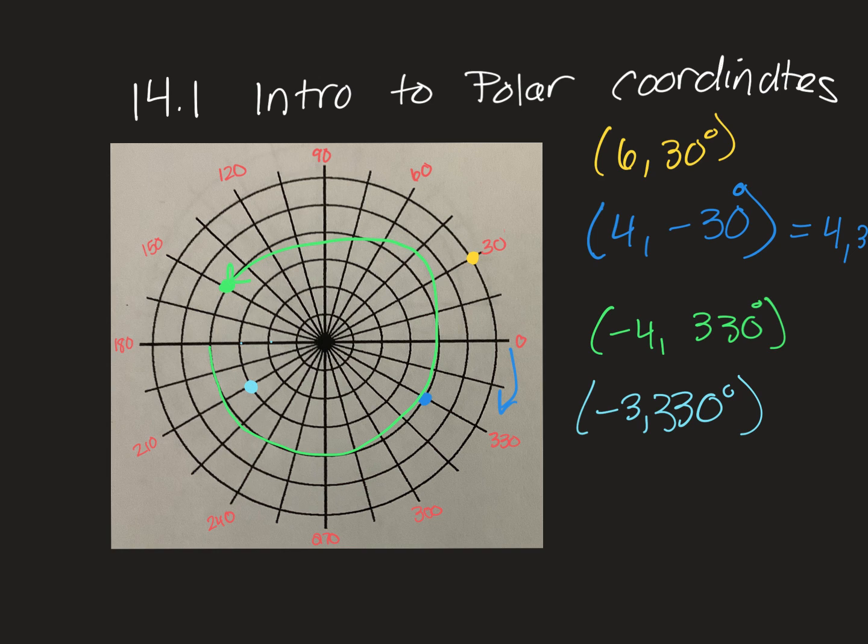It ended up here because when it's a negative angle, you're going the opposite direction. So you're going out 3, but then around 330 that way. And that's if they're both negative. So that's a -330. Oh, yes. Here, let me fix that. Thank you. So if it's a negative on the second one, you basically just go the opposite way. Yes.